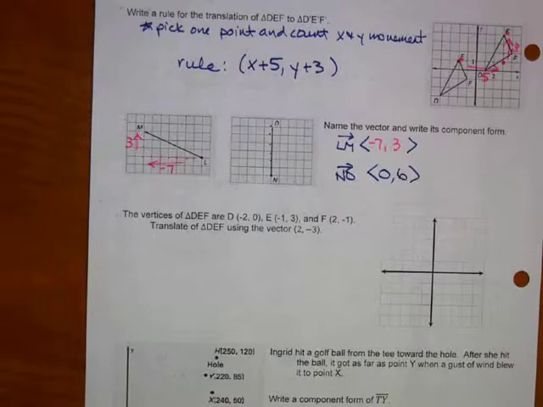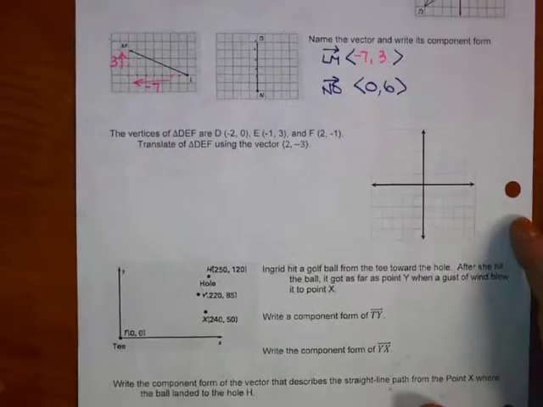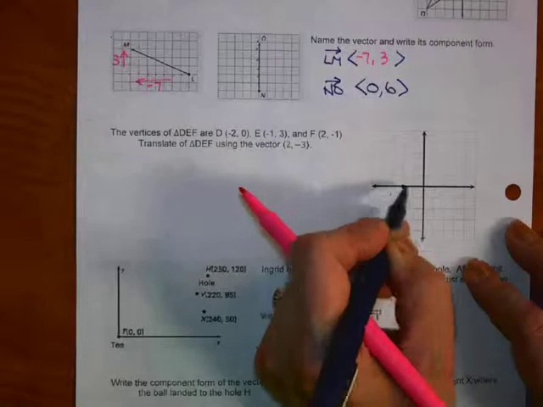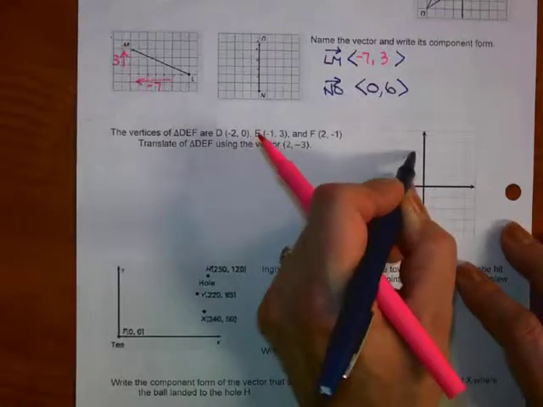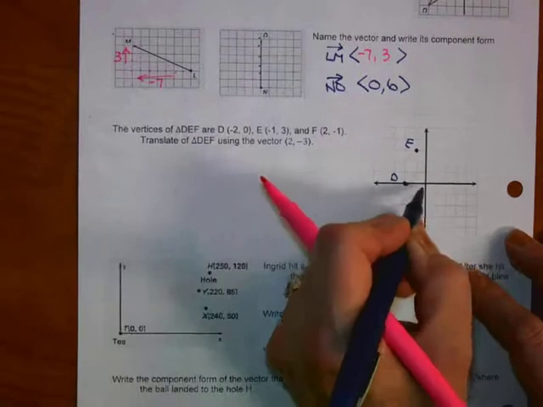So here we go. Here's one more. The vertices of triangle DEF are -2, 0, -1, 3, and 2, -1. Graph those 3. That's your pre-image. So go ahead and graph those.